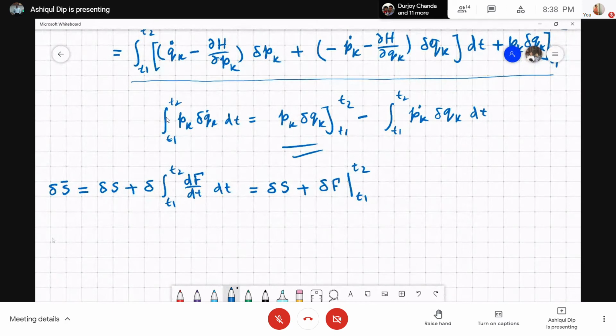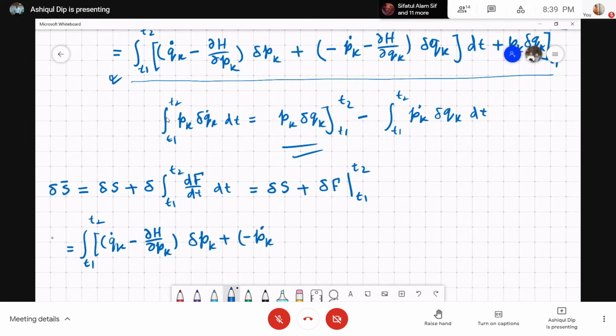If you substitute the variation of s, you get obviously the equation of motion part: integration t1 up to t2 of qk dot minus delta h by delta pk, variation pk, plus minus pk dot minus delta h by delta qk, variation qk, dt.